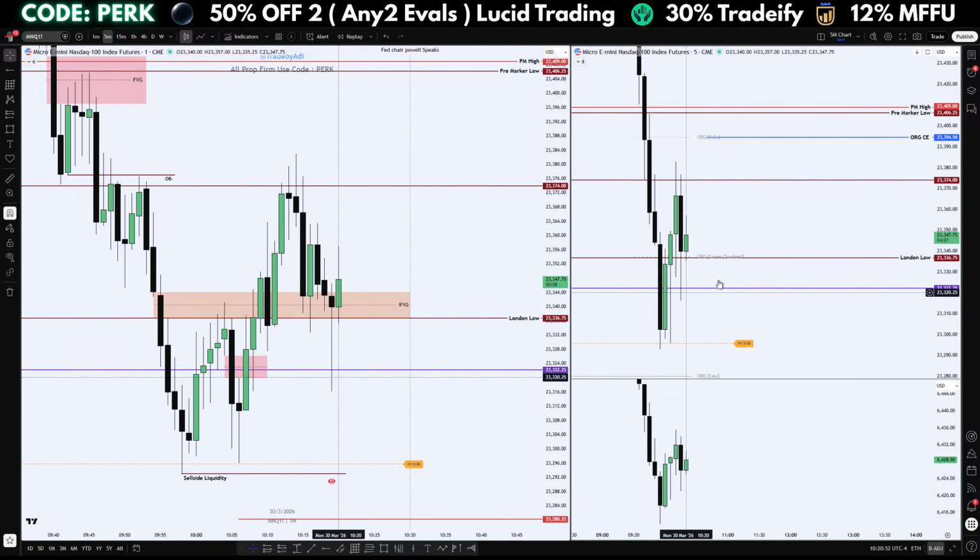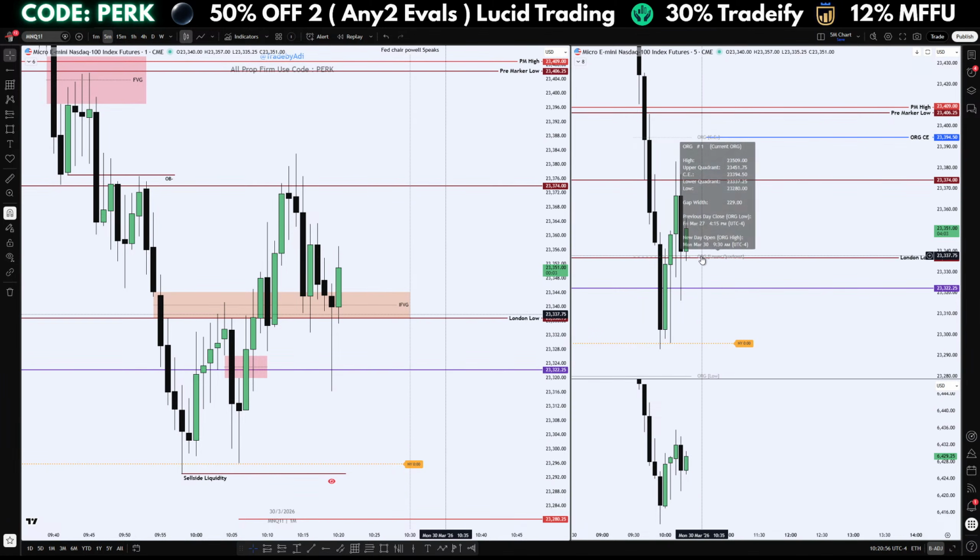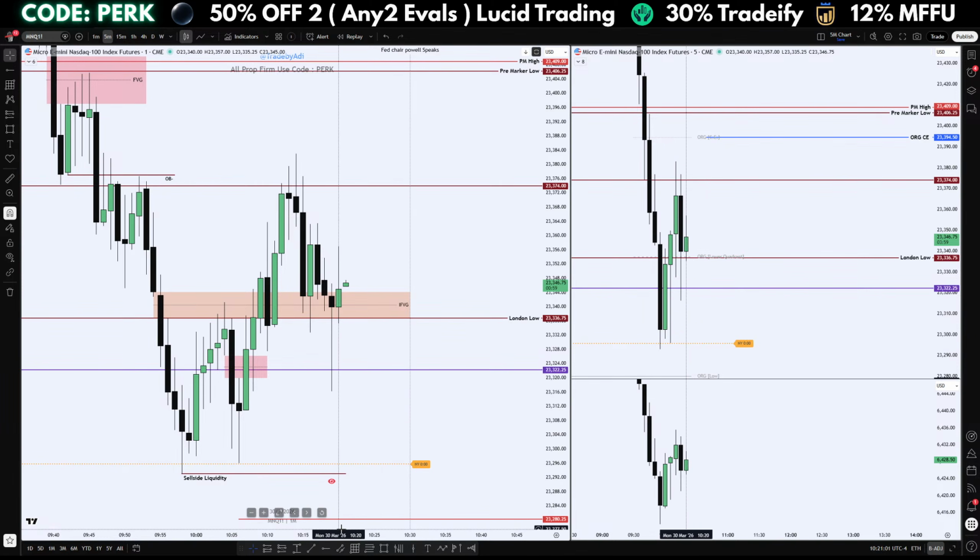We are still taking support from this low quadrant. We have to close below this gap and this quadrant, then we can have a good expansion to the equal lows.